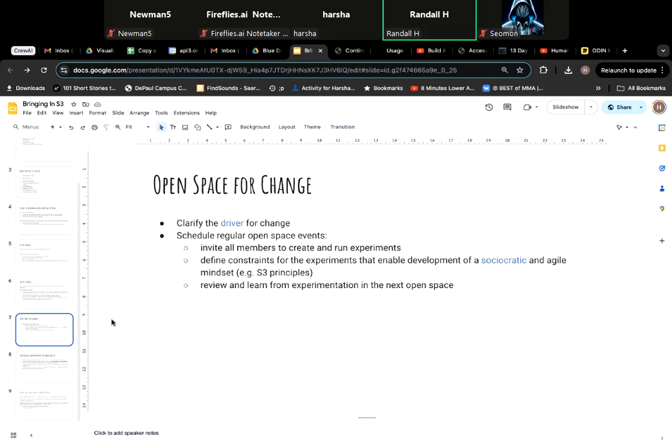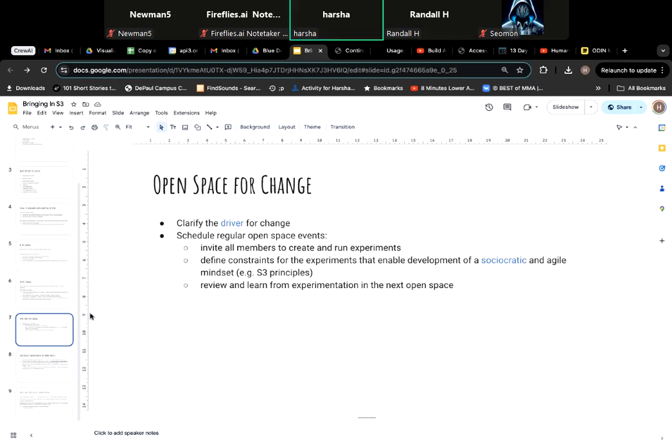I mean, not that that wouldn't be welcome too, but I think when they're describing a process of adopting S3, applying experiments to the work would be the primary frame to put on that.